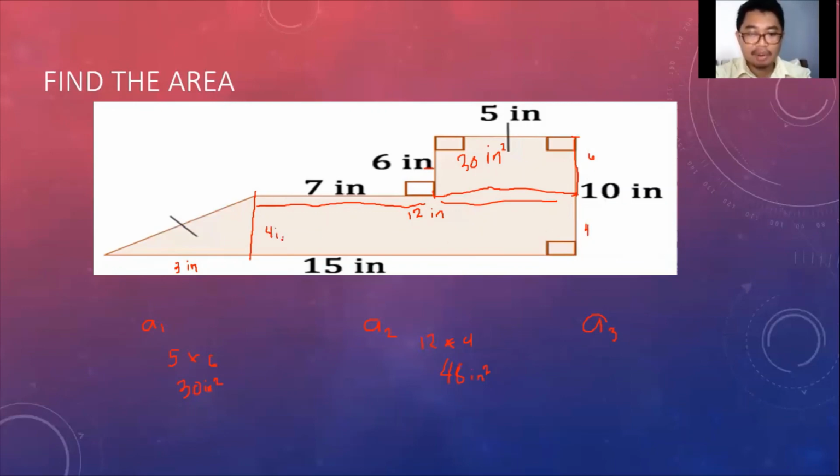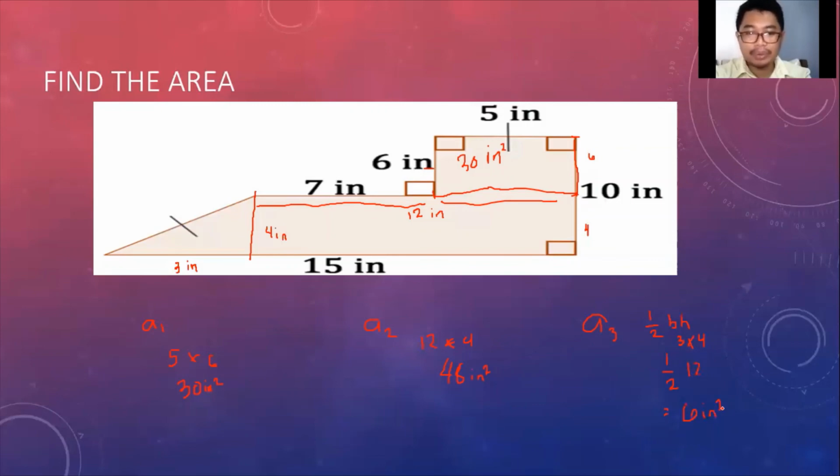The formula used for the triangle is 1/2 times base times height. So we have the base, which is 3, times the height, which is 4. So 3 times 4 is 12. And half of 12 is 6. 6 inches squared.